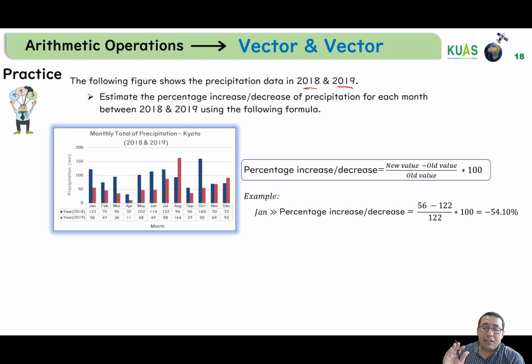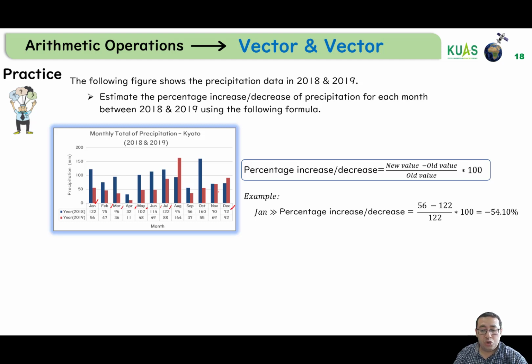We are required to estimate the percentage of increase or decrease of precipitation for each month between 2018 and 2019 using the following formula. First of all, we have 2 years here, 2018 and 2019. And this is the monthly precipitation, for example, January, February, March, April, May, June, July, etcetera.